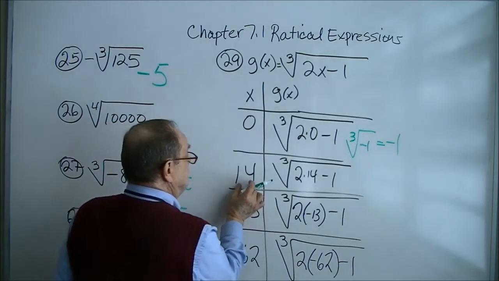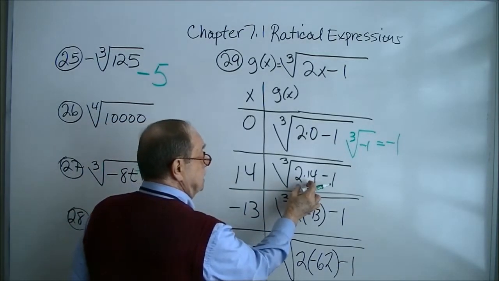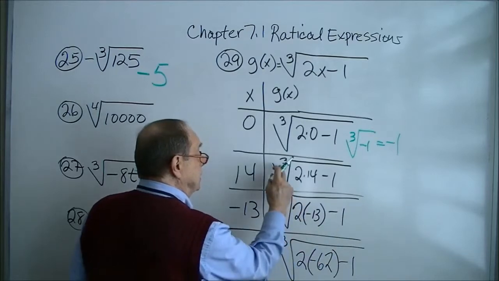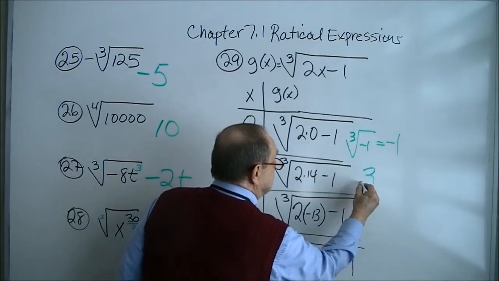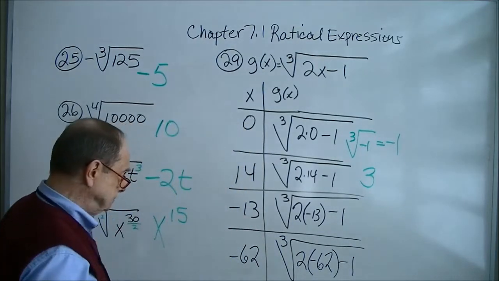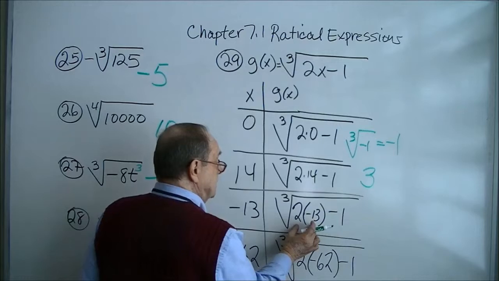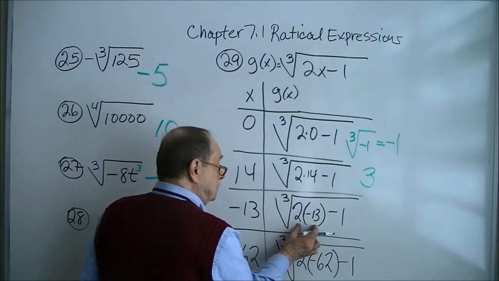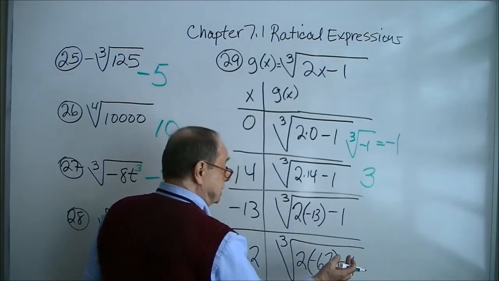And here we put a 14 where the x is. 2 times 14 is 28. 28 minus 1 is 27. The cube root of 27 is 3. Here we have 2 times a negative 13, which makes it a negative 26, and a negative 1, a negative 27.